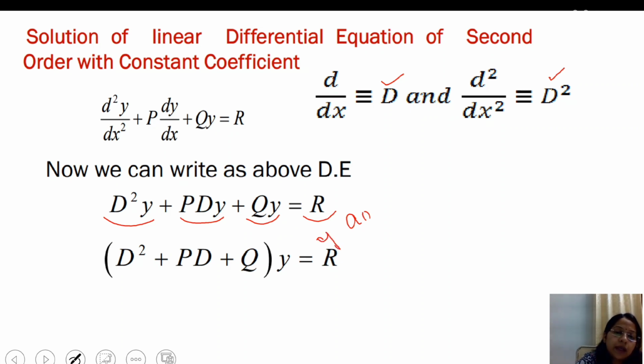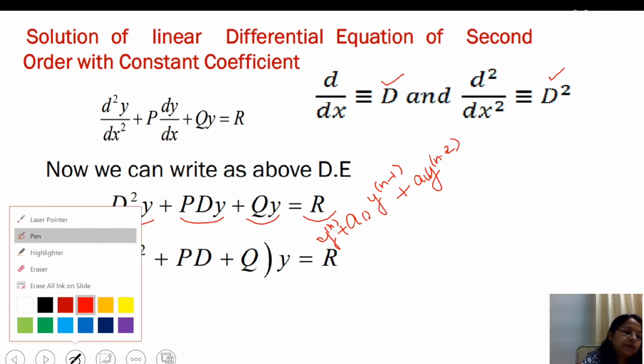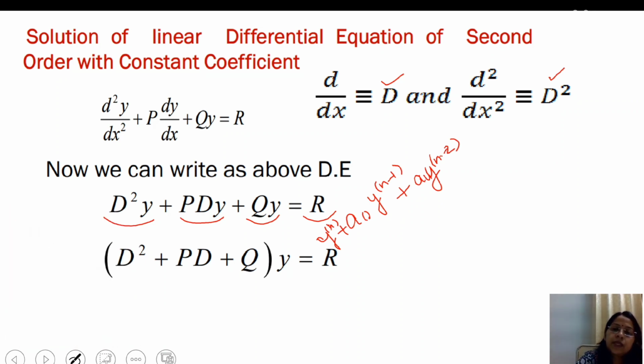As I have told you in my previous slide, if we have the general differential equation as y^n, meaning nth derivative of y, plus a0 y^(n-1) plus a1 y^(n-2) plus a2 y^(n-3) plus and so on, a_n y is equal to some function of x.